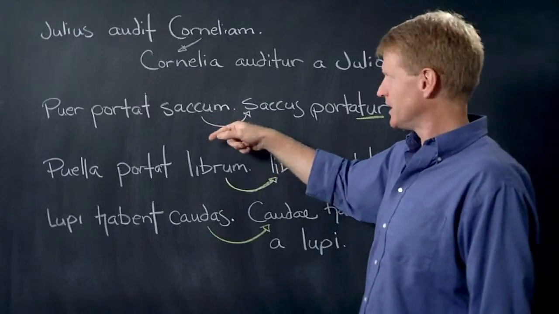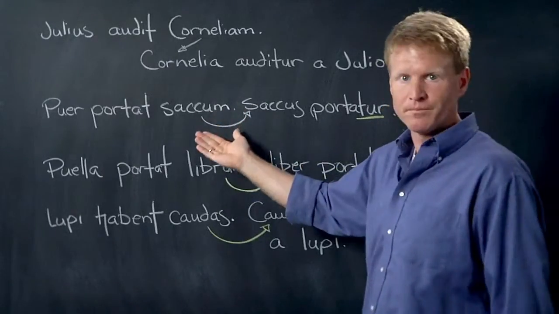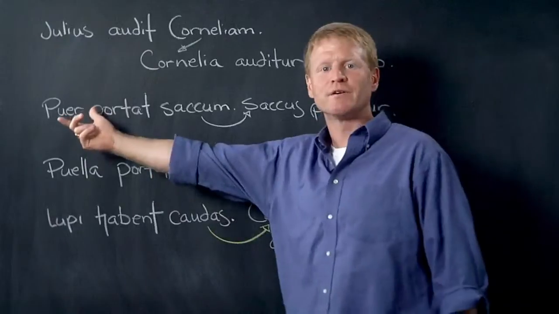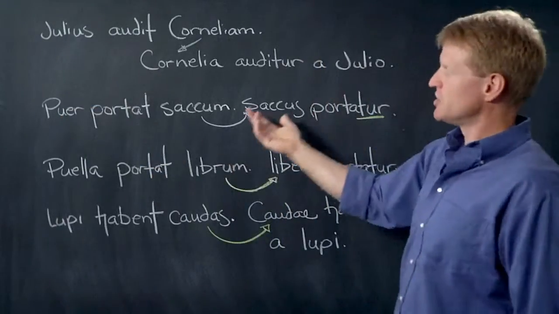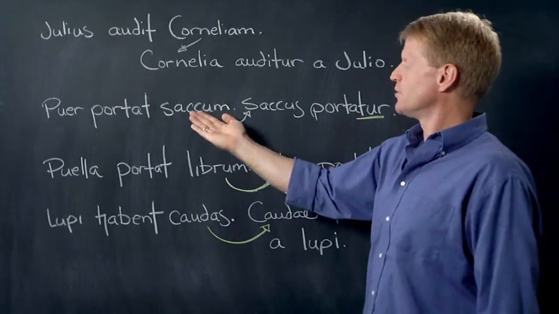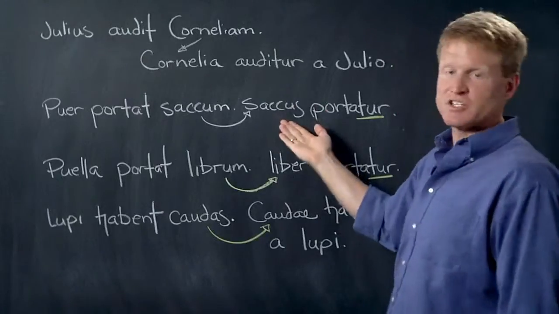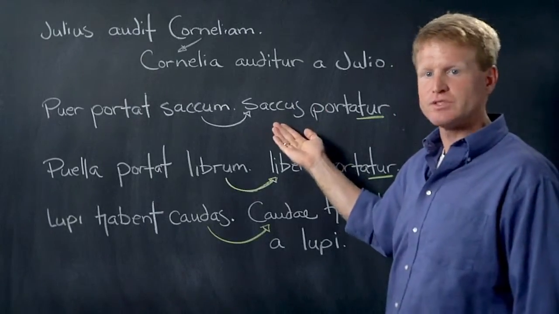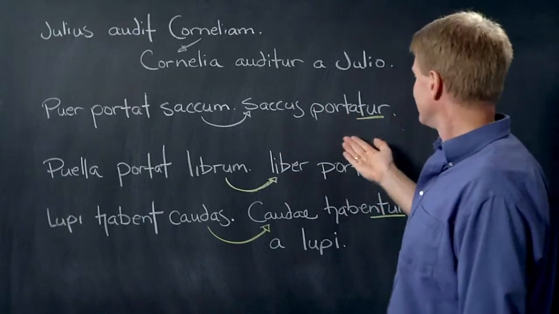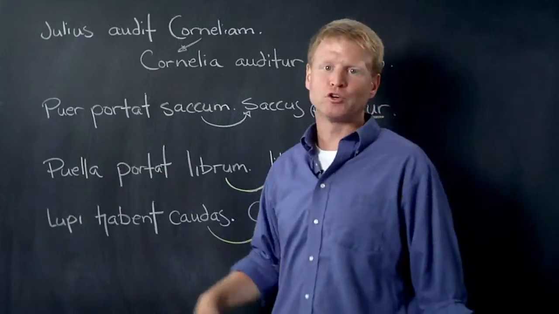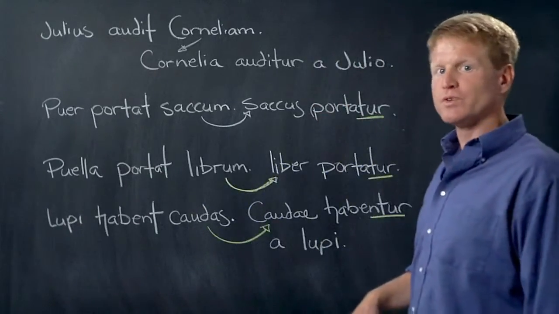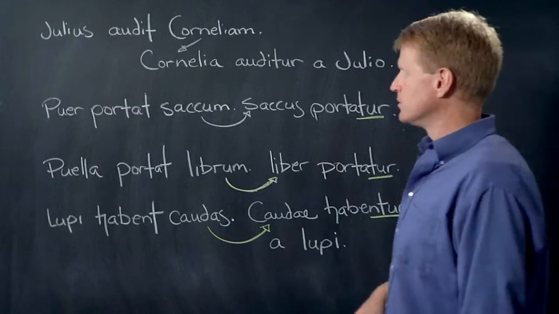Sacus is sack, but in the accusative, it's sacum. It's receiving the action, the boy's carrying it. This is an active sentence. To change it to passive, we make the direct object the subject and change it back to the nominative. Sacus portatur a puero.